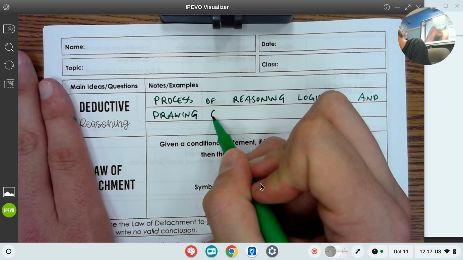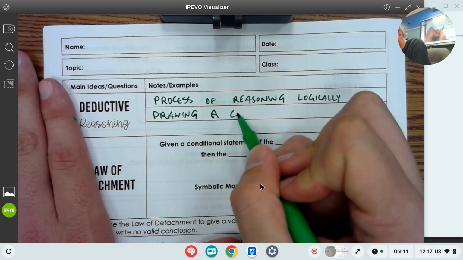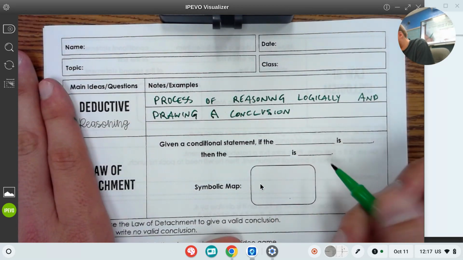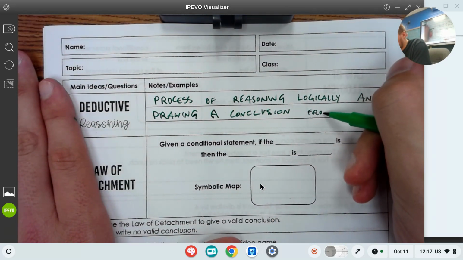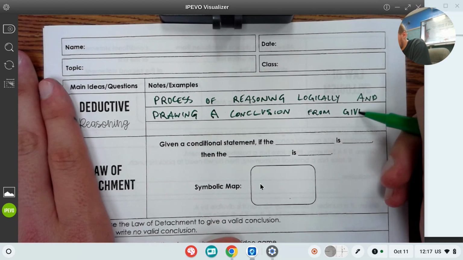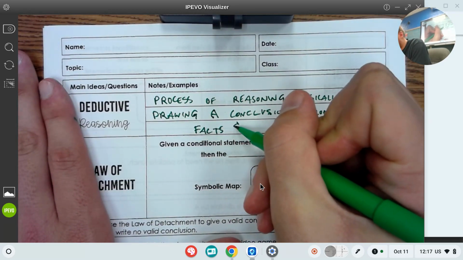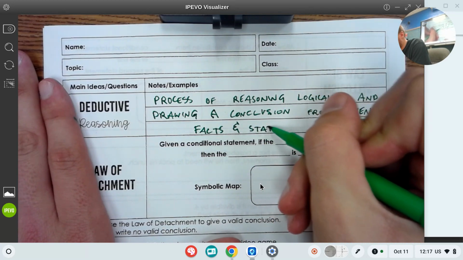And drawing a conclusion from given facts and statements.